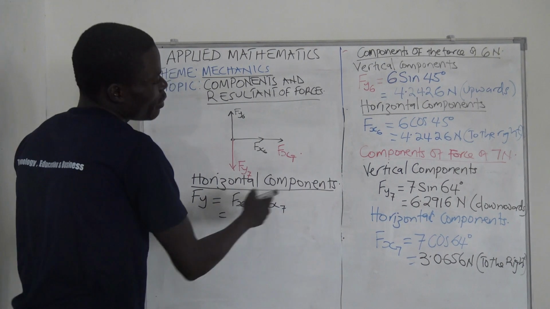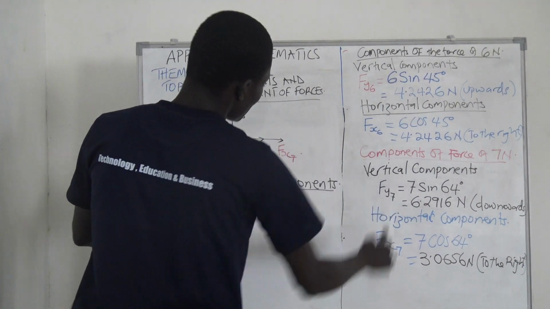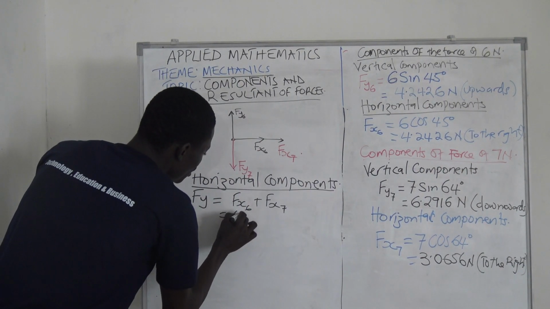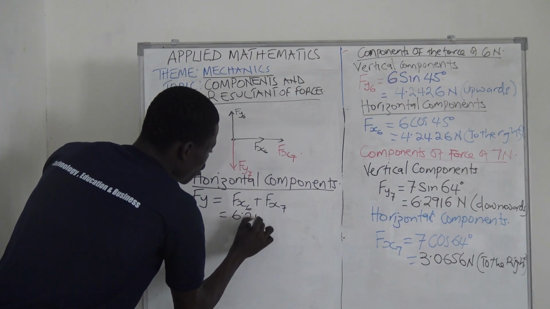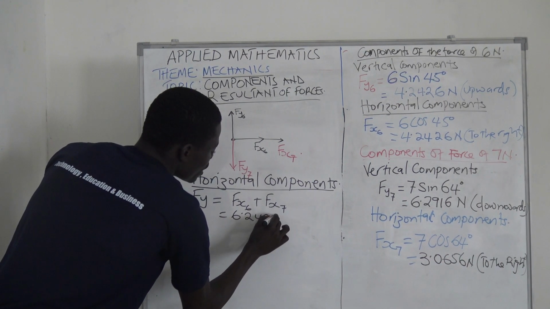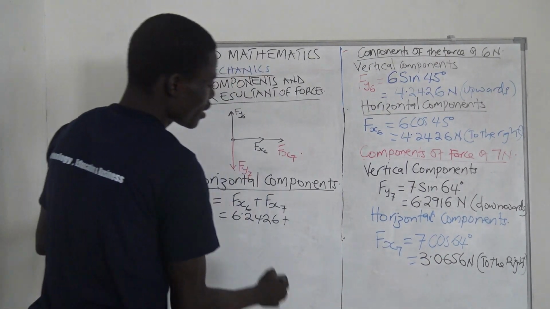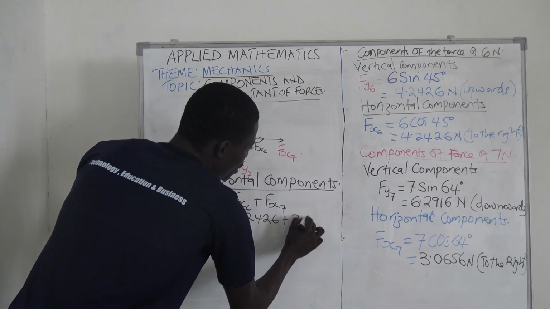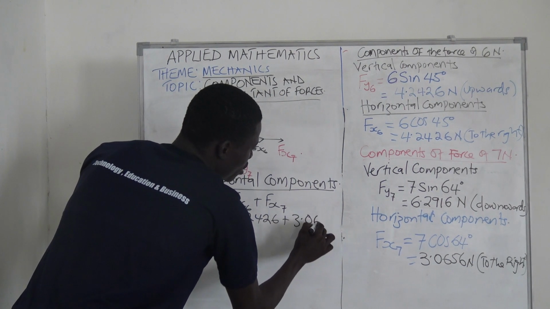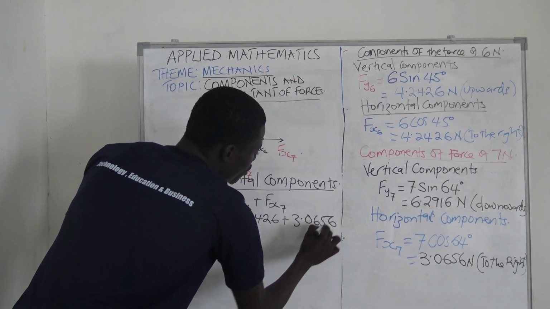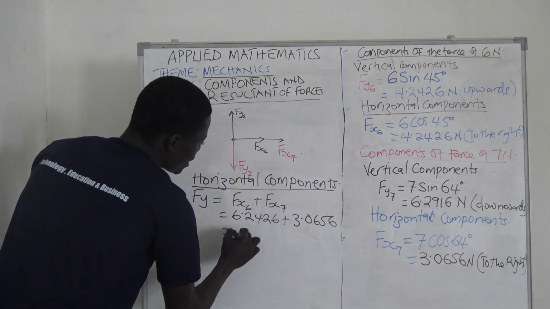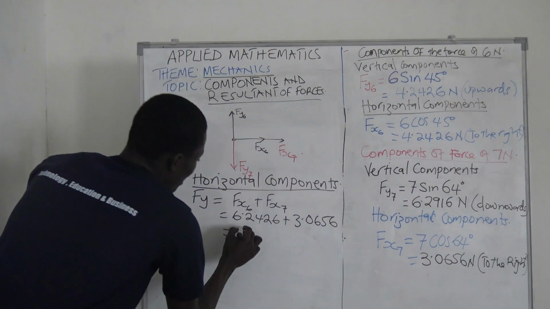What was the value of Fx due to 6? It was 6.2426. Then the one due to 7 was 3.0656.